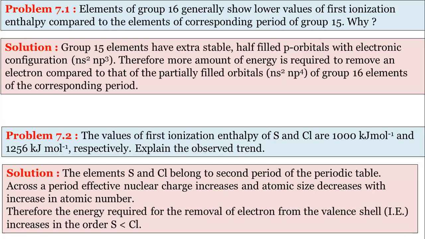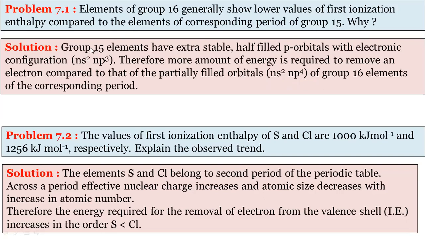Then the energy required to remove the third electron is called the third ionization energy. So these are the first, second and third ionization energies. But what is the question? The values of first ionization energy of group 16 are lower as compared to the elements of the corresponding period of group 15. Why? So the answer is given here.